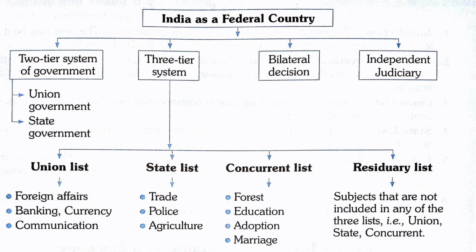Now in general, the Constitution provided a 2-tier system of government for our country, that is the union government, or what we call the central government representing the Union of India, and the state governments. But later on, a 3rd tier of federalism was also added to our constitution.